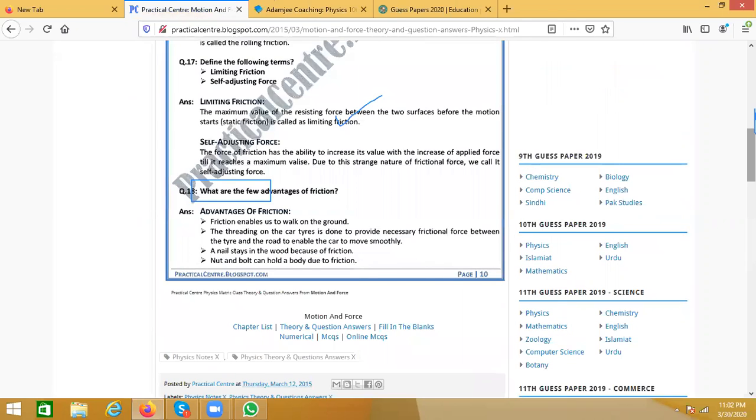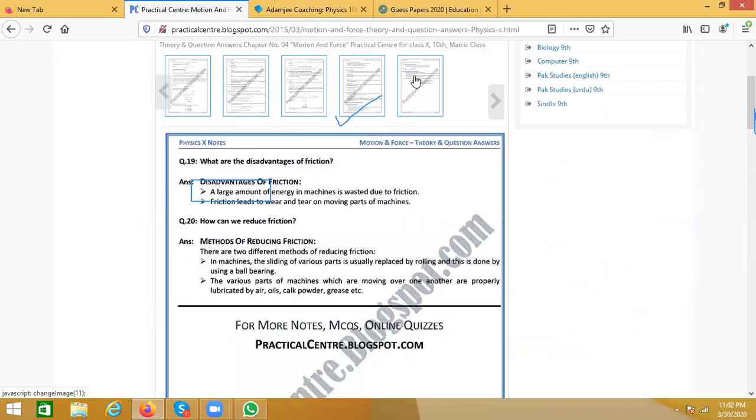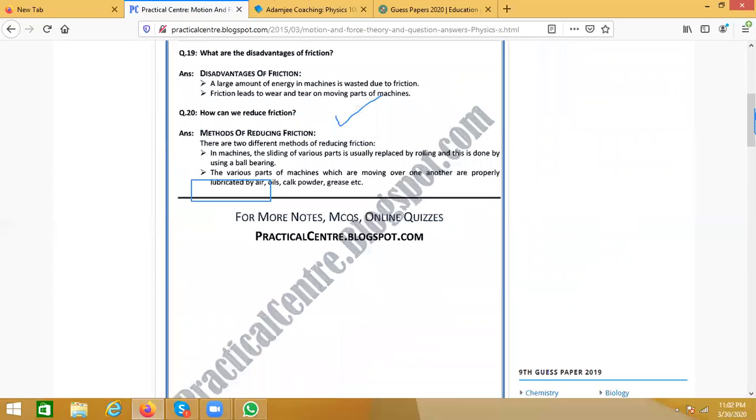So these were some of the advantages of friction. When we go on to the disadvantages of friction, wear and tear is the biggest disadvantage: things get roughed up and lose a lot of energy, and parts wear and tear, as we have discussed. Further, how can we reduce friction?